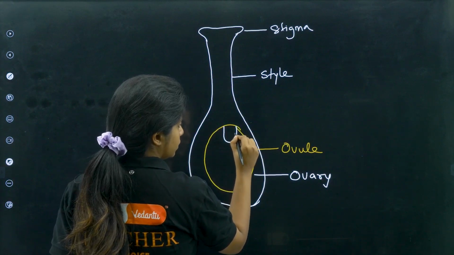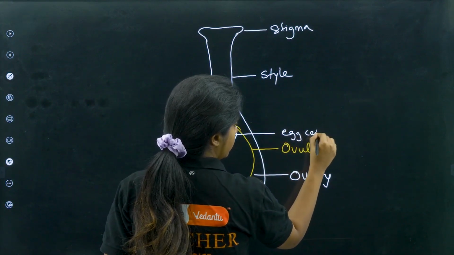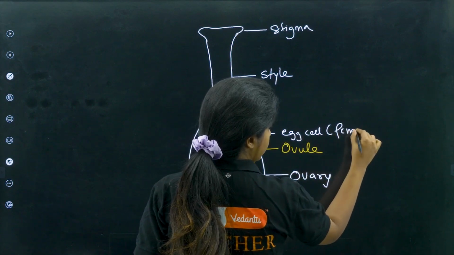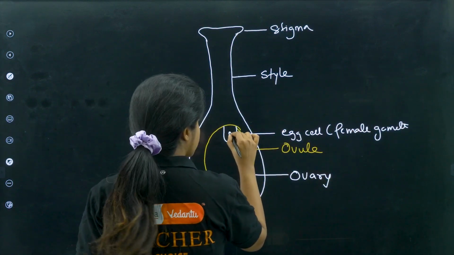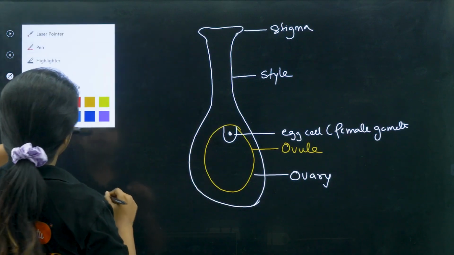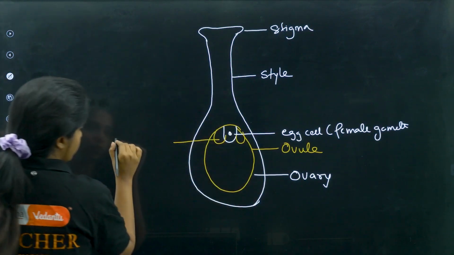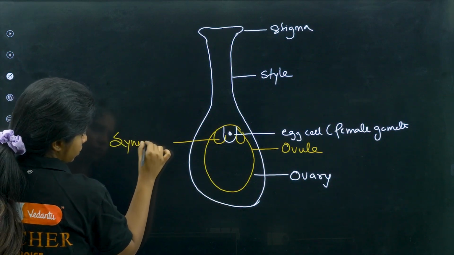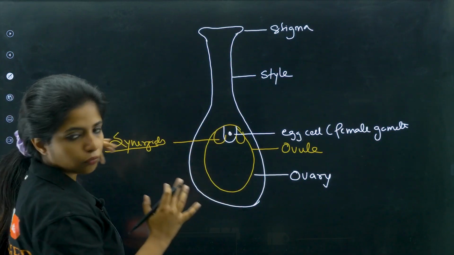One cell is the egg cell, or basically you call it the female gamete. It will have its own nucleus. Similarly, there are two cells surrounding the egg cell which are known as synergids. You don't need to remember the name. Please remember the number of cells that are there in the ovule.